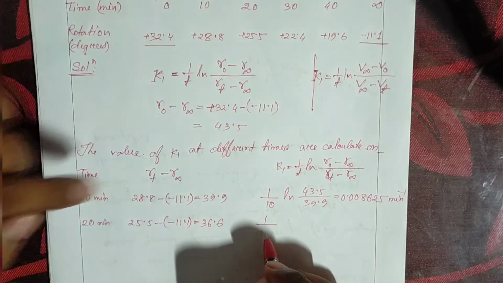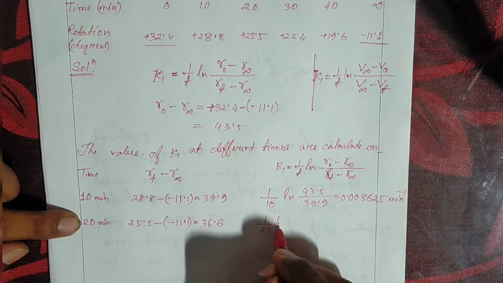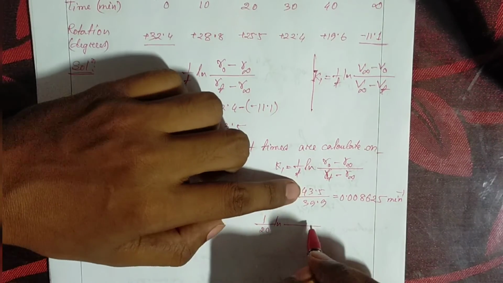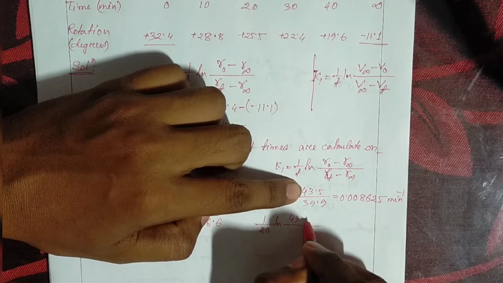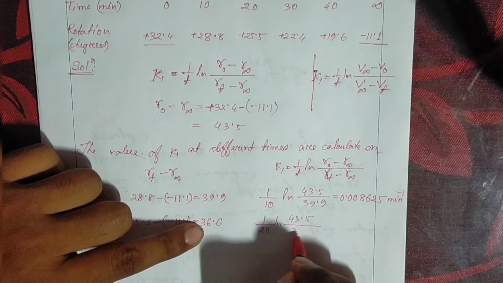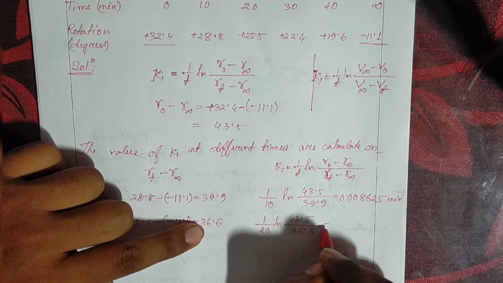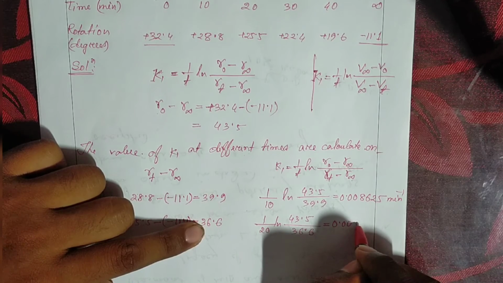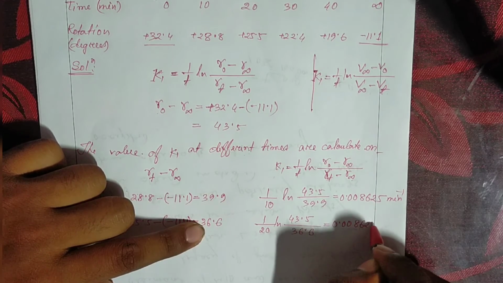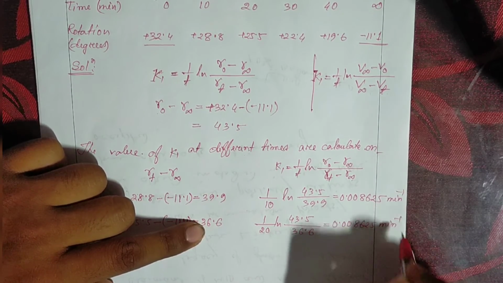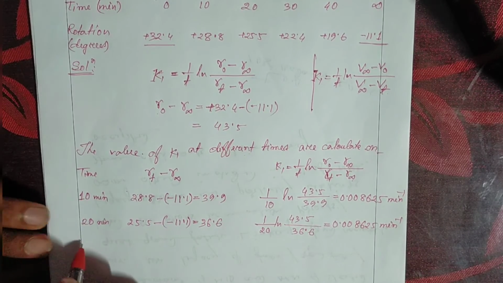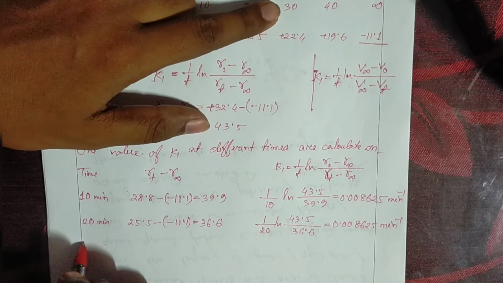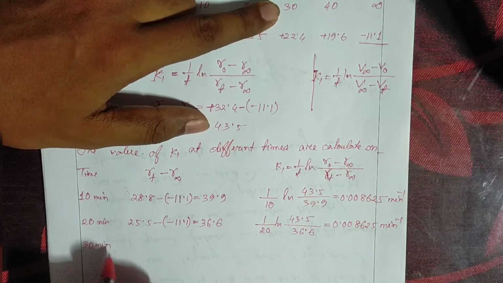So time is 20, ln, this will be the same 43.5 and it will be 36.6, so it will also be 0.008625 minute inverse.